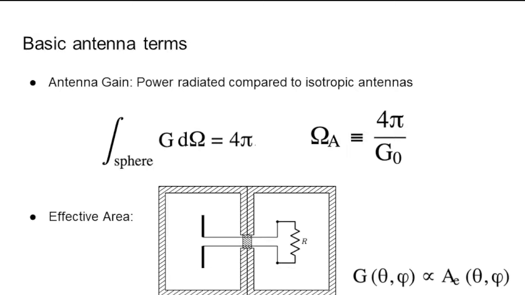And that's why this relation holds, where G is the gain. It is defined in a specific direction on the sky. Whatever antenna you have, say a horn antenna, how much power does it radiate compared to an isotropic antenna? An isotropic antenna is just a hypothetical antenna that radiates uniformly in all directions.